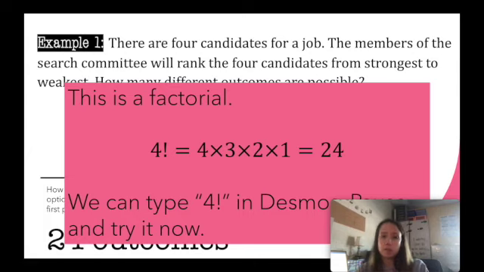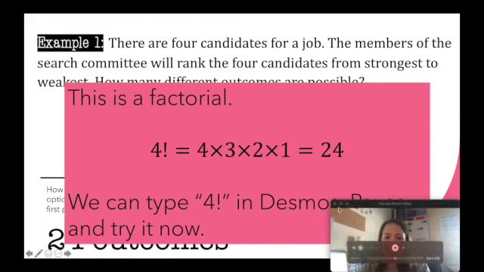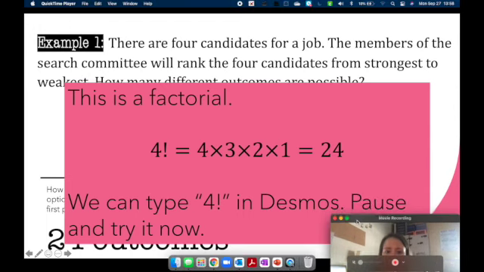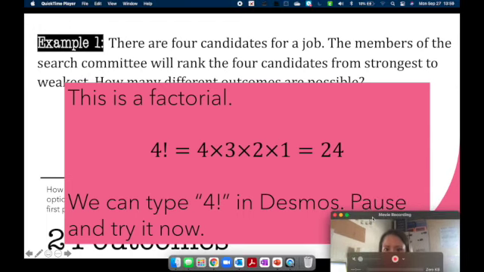So this is also known as a factorial. So 4 factorial is 4 times 3 times 2 times 1, which is 24. Make sure to practice in Desmos that you can do 4 factorial in Desmos. So make sure that you can do that.